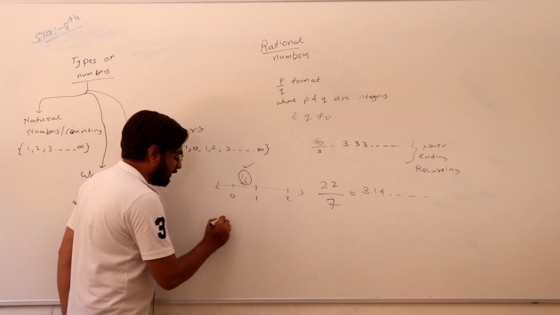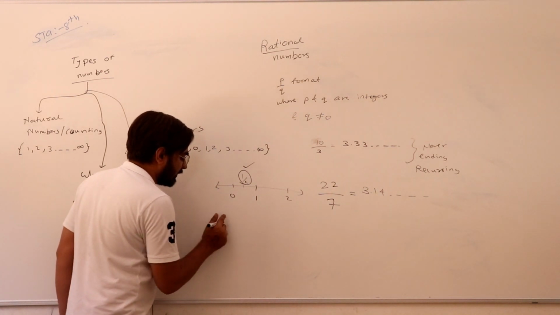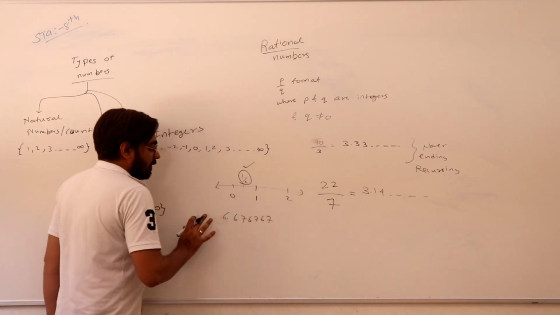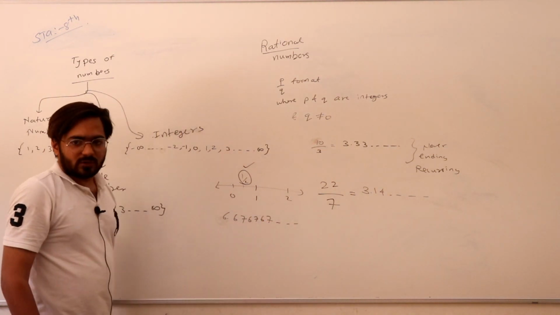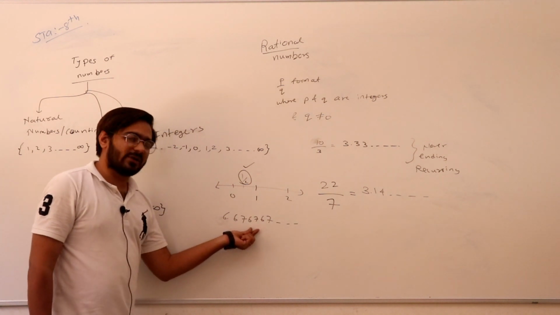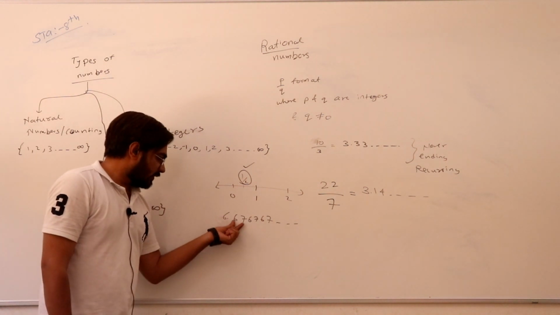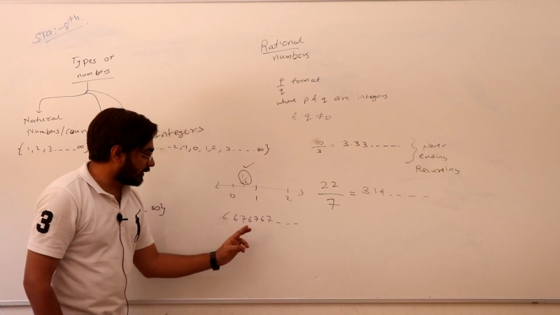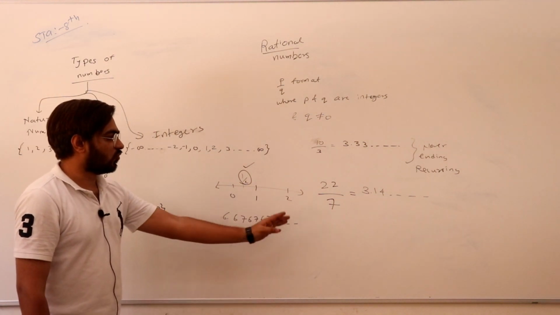For example, sometimes you may get a number like 6.676767. This is also a never ending number, but the digits are repeated in a particular pattern, that is, after 2 digits the same 2 digits are repeated, 676767 and so on.